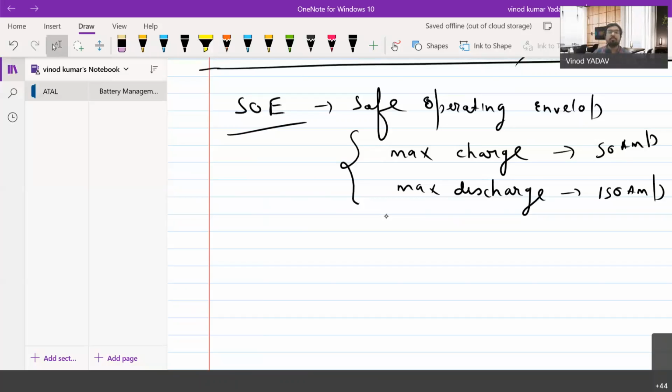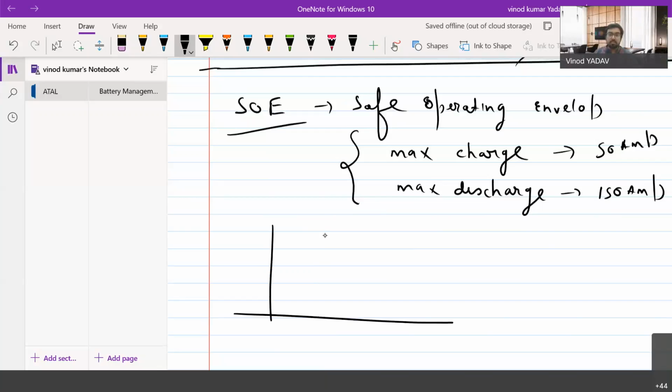This safe operating envelope will run an algorithm in such a way that if the current value goes above this limit, it will give a signal to the relay or the contactor, and it will disconnect the system from the load.